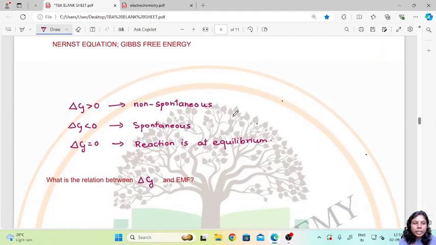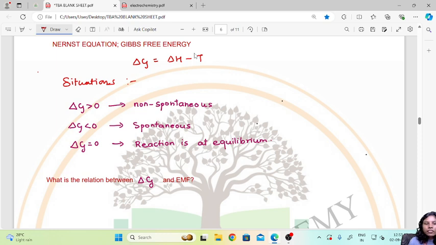Now the second application that we said was about the Gibbs free energy. Gibbs free energy is given by, we know, delta G equals delta H minus T delta S. Now we know some of the situations or assumptions that we consider.